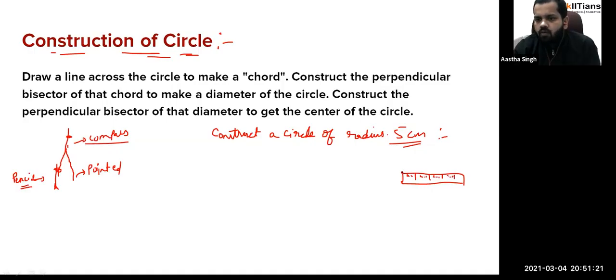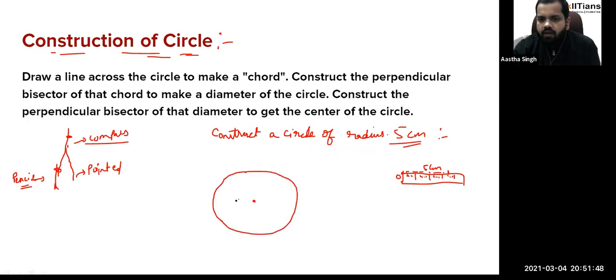Take the compass, put the pointed one at the starting 0 and measure a 5 centimeter distance, right? So put the compass at a certain point and with that 5 centimeter arc, just draw a circle.